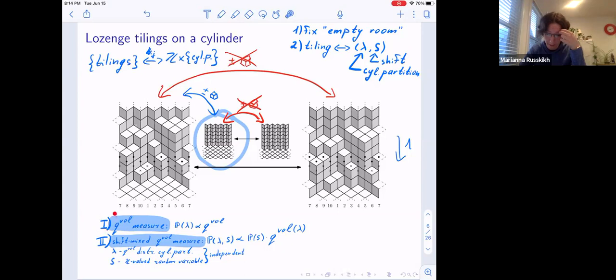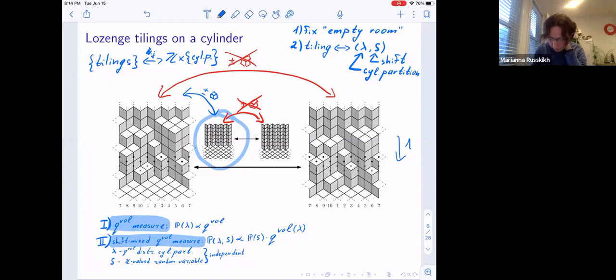This gives rise to thinking about two different setups for the cylindric partitions. The first one is to think about the Q to the volume measure, which is supported on cylindric partitions, with the probability of a cylindric partition proportional to Q to the volume. The second setup is to think about these pairs of a cylindric partition and some vertical shift, or equivalently the set of Lozenge tilings of the cylinder with our boundary conditions.